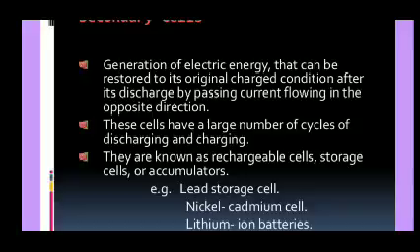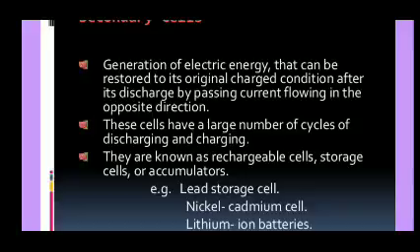These cells have a large number of cycles of discharging and charging. They are known as rechargeable cells, storage cells, or accumulators. These cells are called secondary cells.